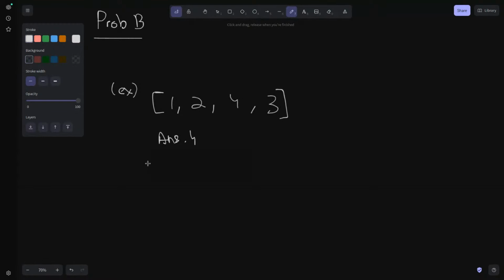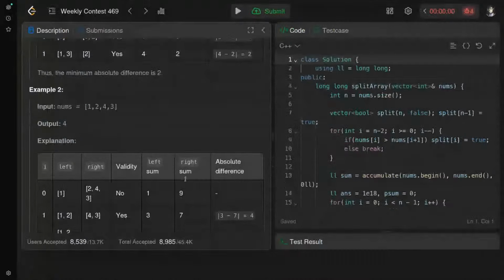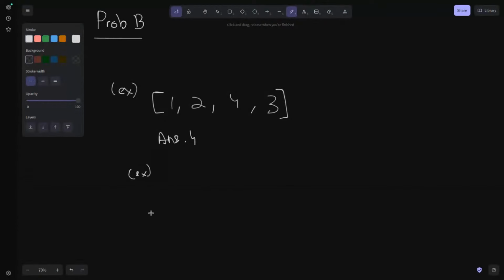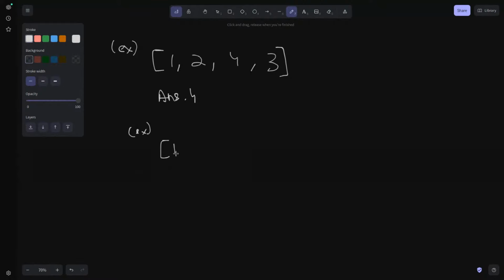Okay, so let's try another example. Let's try the next example, 1 comma 3 comma 2. Again we need to split it into one increasing portion and one decreasing portion. So here one valid split would be this portion is increasing, and this is the decreasing portion, right?